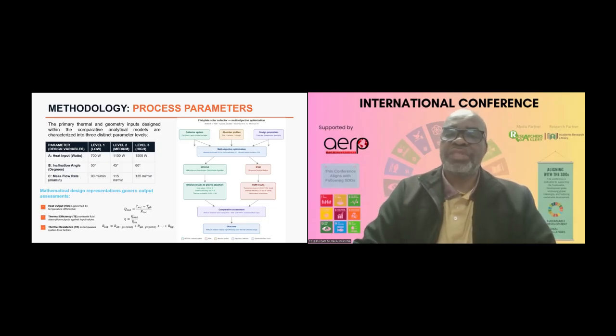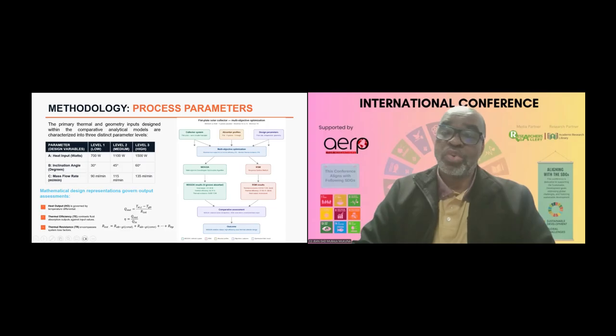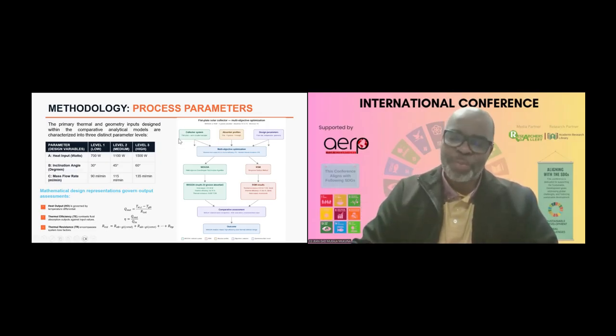On the right-hand side of this slide, we can see the synoptics of this study. We have the absorbers and we have a multi-objective optimization system, as I said, because of the multiple variables that we have at the exit. But we have a RSM, which is the response surface methodology, which has been done already, and we will be comparing our result using the Grasshopper multi-objective algorithm to the RSM.